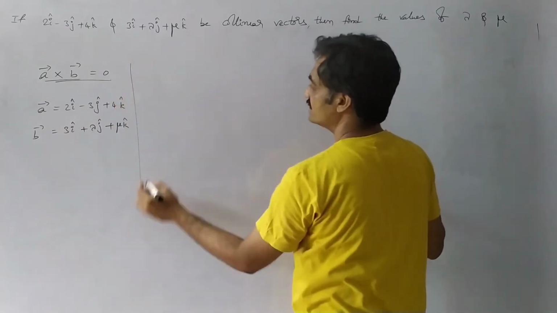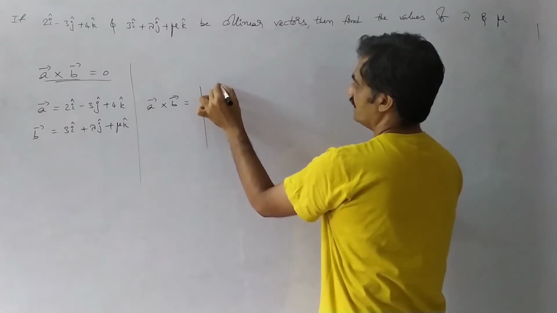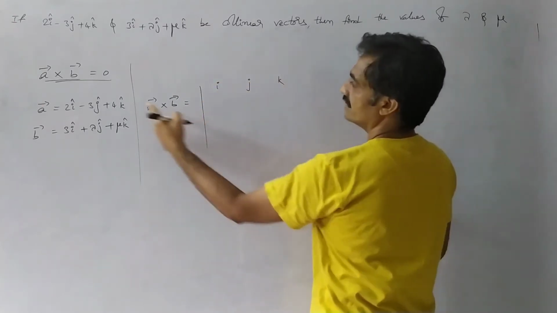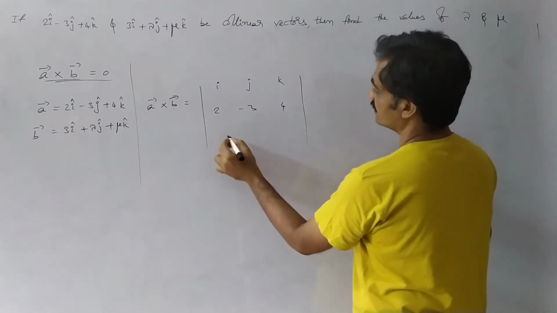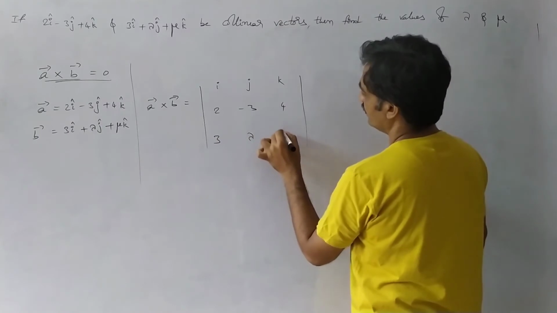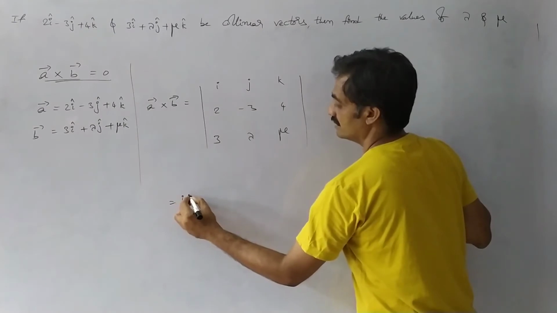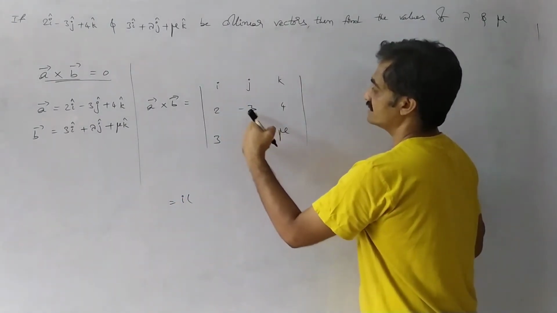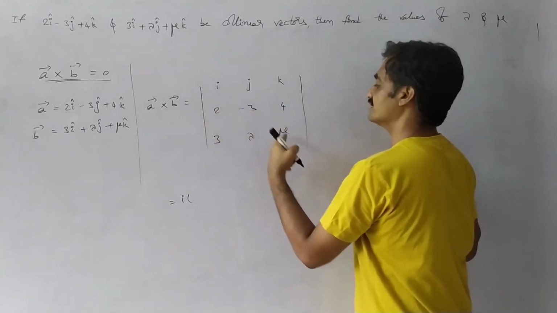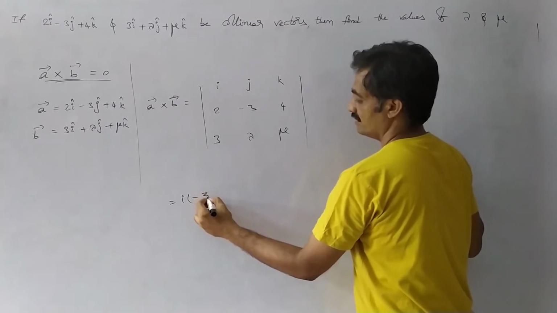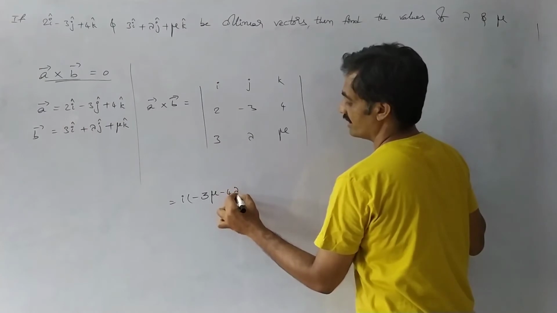The cross product is given as a bar cross b bar equals the determinant with rows i j k, the first vector 2, minus 3, 4, and the second vector 3, lambda, and mu. Now, for i, this row remains constant and this column remains constant, so we can write minus 3 mu minus 4 lambda.